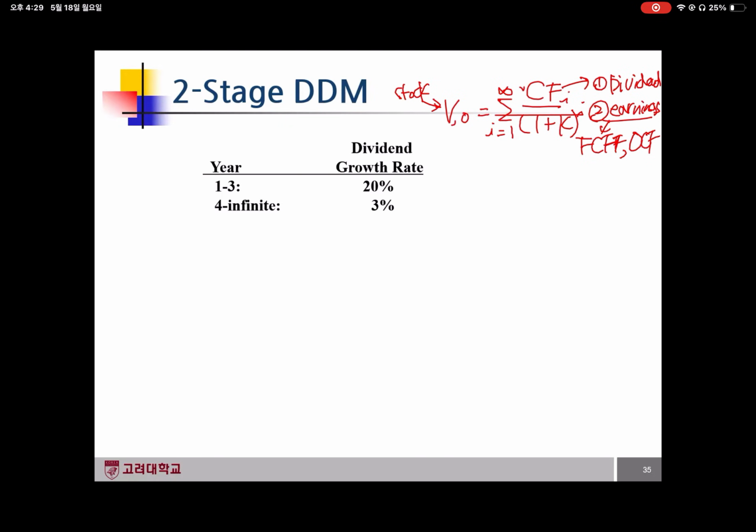So again, the value of a stock is the sum of its future dividends discounted by the discount rate, or the required rate of return on that equity. Okay, let's draw a timeline.